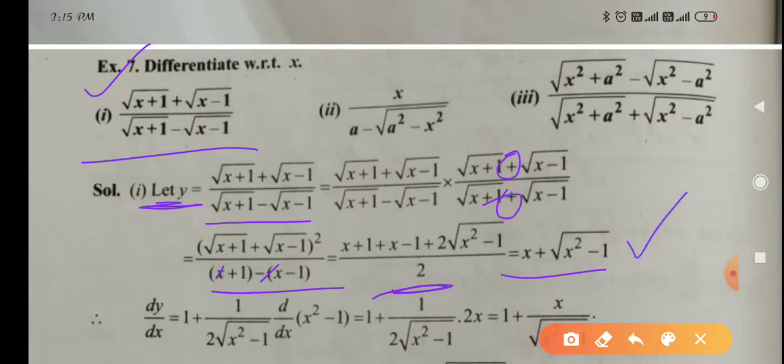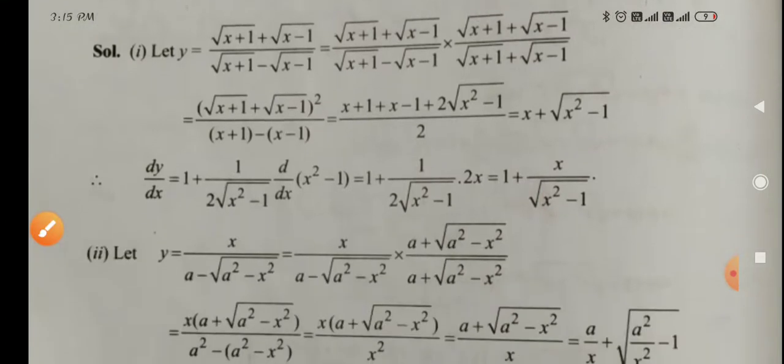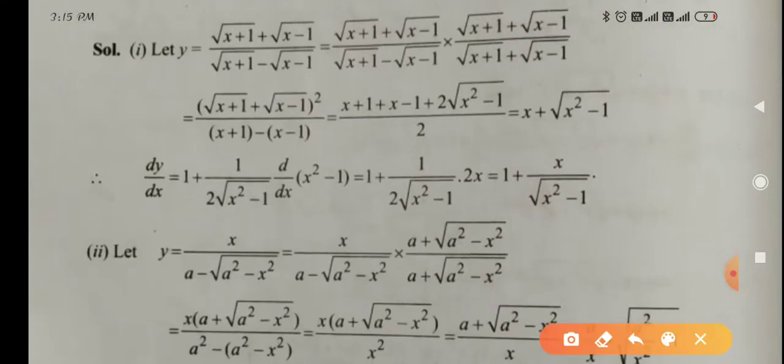Now its differentiation you have to find. So how can you find its differentiation? dy upon dx: for x, the differentiation is 1, and here under root (x square minus 1) is given. You can take it as under root x. For under root x, you know the differentiation, again and again I'm telling, 1 upon 2 under root x. So plus 1 upon 2 under root (x square minus 1).